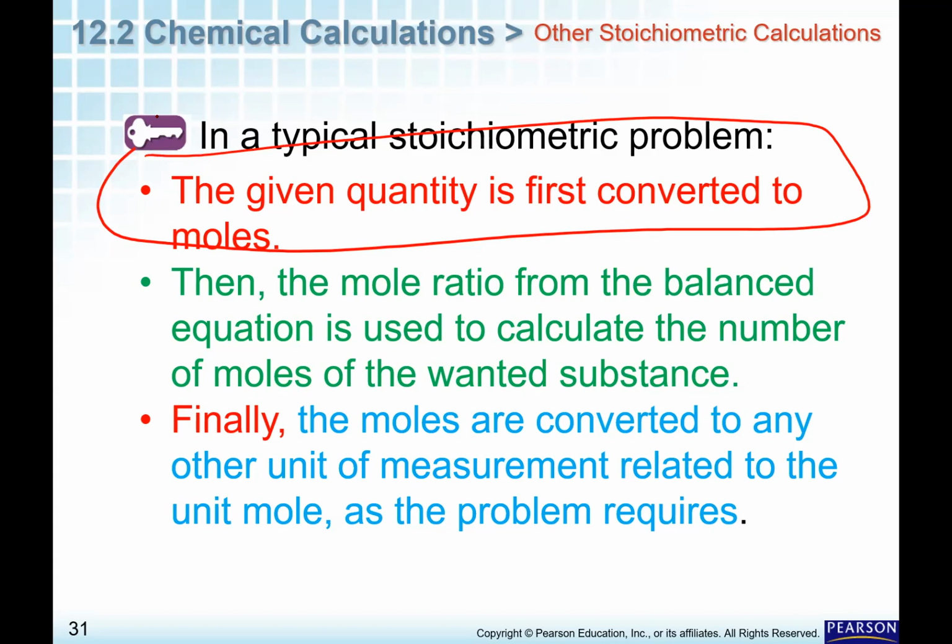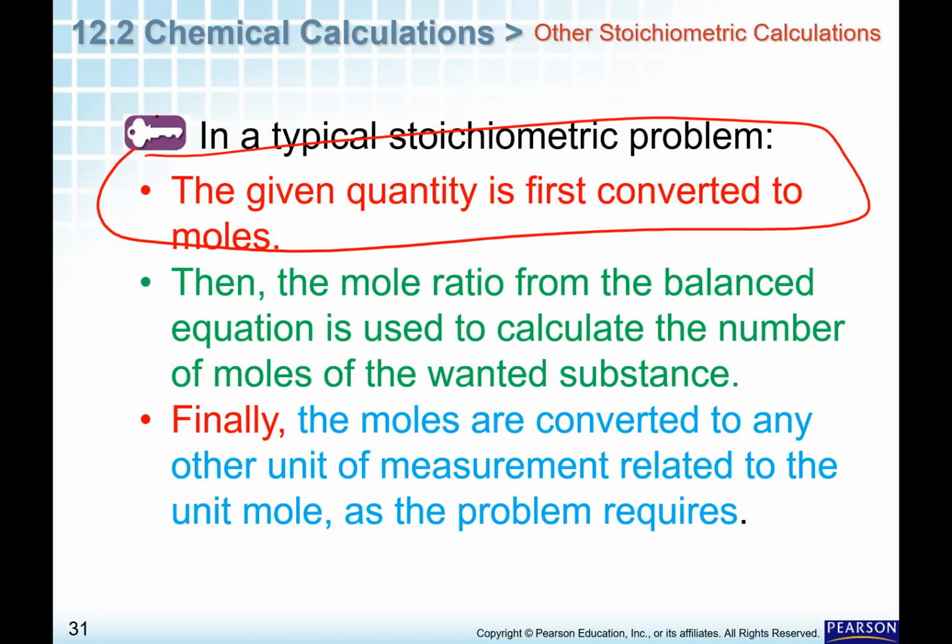In any question, you will have a chemical reaction, and that chemical reaction has to be balanced. If a given quantity of a reactant or a product is given as a mass, particles, or volume, you can convert that into moles of that material.